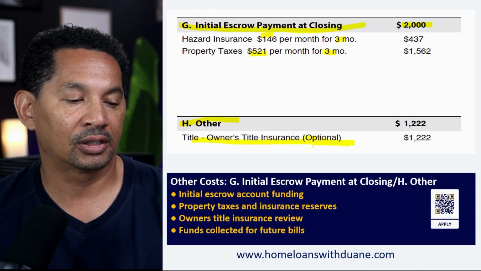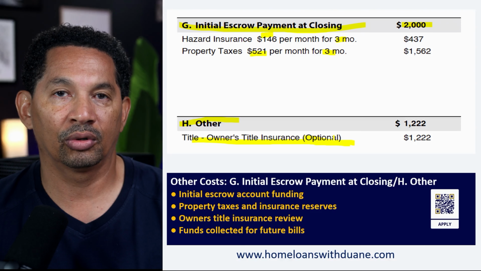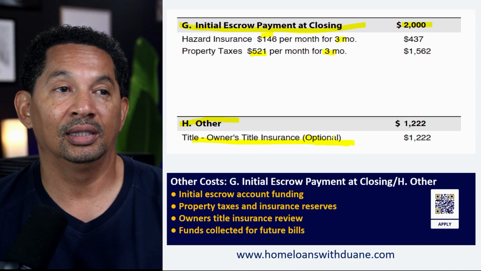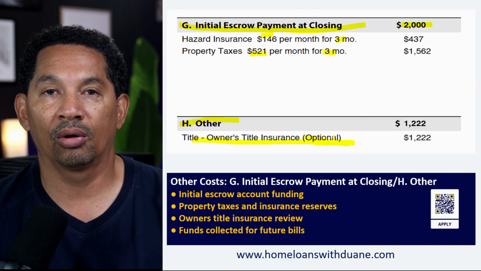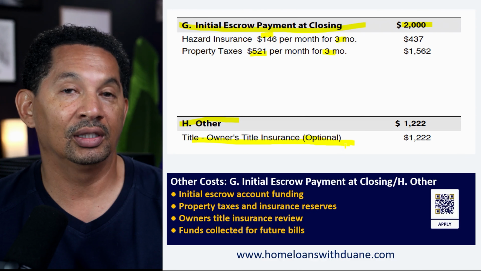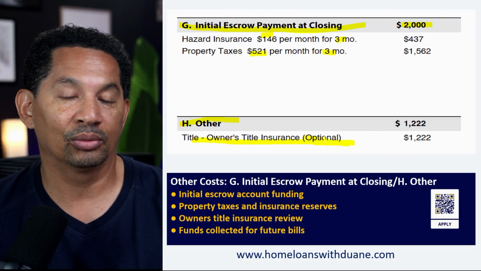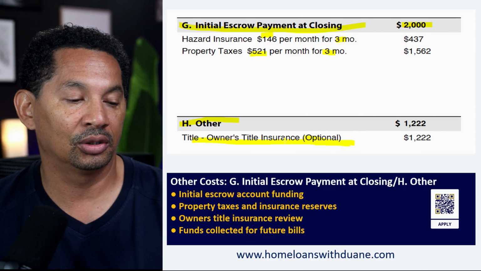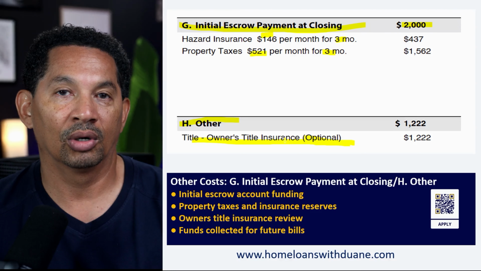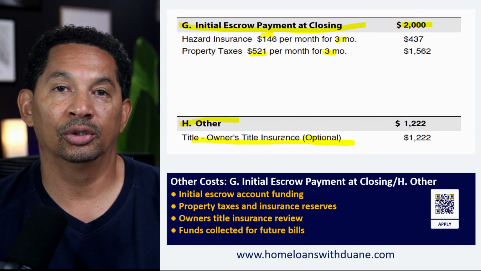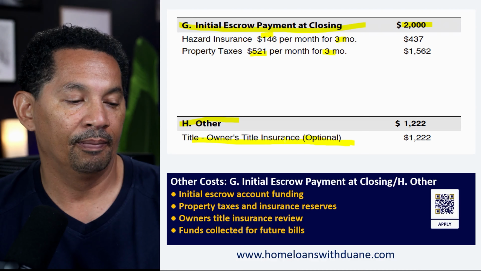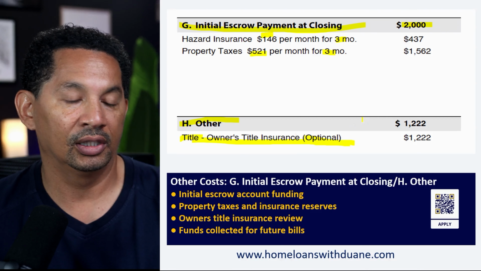This guarantees that you are the rightful owner. And if there are any legal fees, if you had to go to court for this, then this fee covers all of that. So never waive this. It does say optional, but in the long run, should anything like that occur, you'll be safeguarded. So that is a title fee as well.